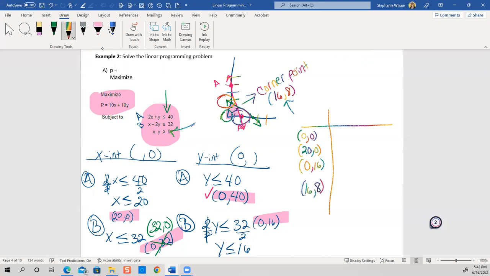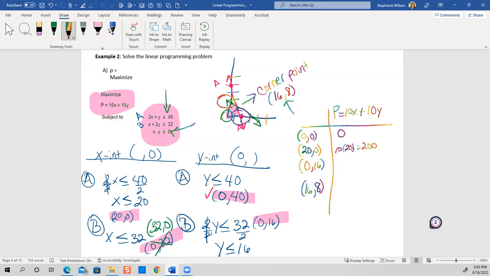All right. So I'm going to plug it in this formula here. P equals 10x plus 10y. And when I plug in 0, 0, I get 0. When I plug in 20 times 10, I get 200. And 0 going in the place of y just gives me 0 there.